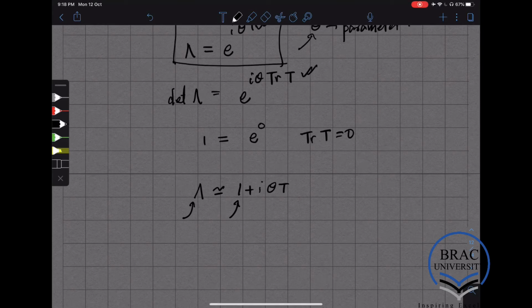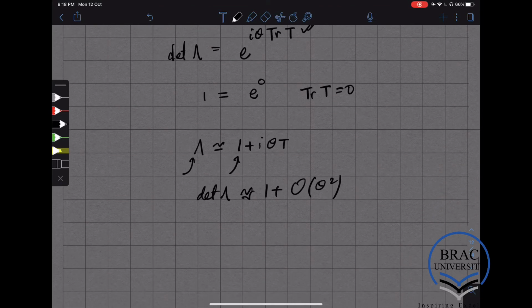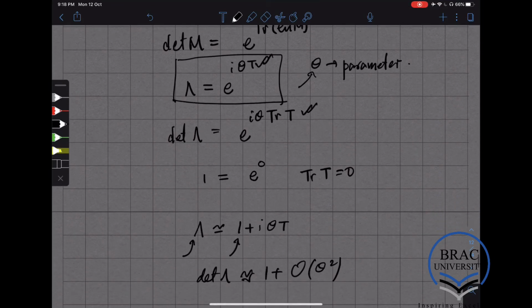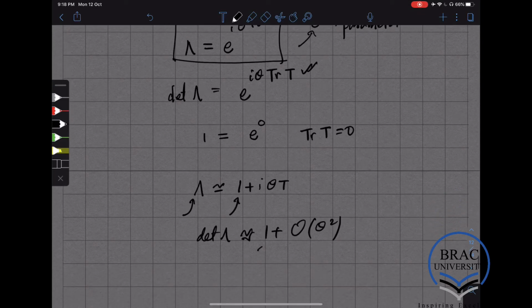In other words, the determinant of this thing is going to be 1 plus some order of theta or theta squared, something like this. What I'm trying to say is that only the Lorentz transformations with determinant equal to plus 1 are continuously connected to the identity.